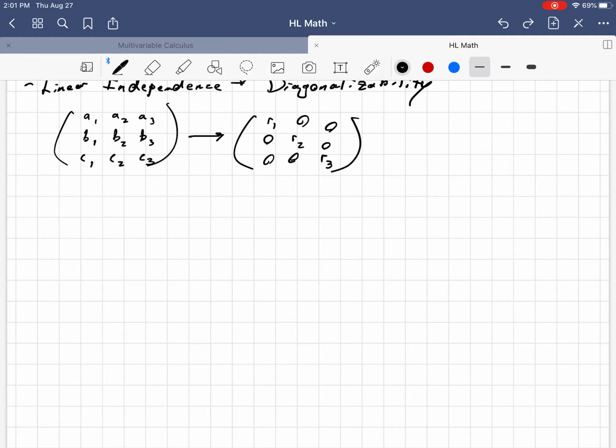Then we would say that this matrix right here is diagonalized because it only has scalar entries along that main diagonal. This main diagonal, to be specific, not that main diagonal.